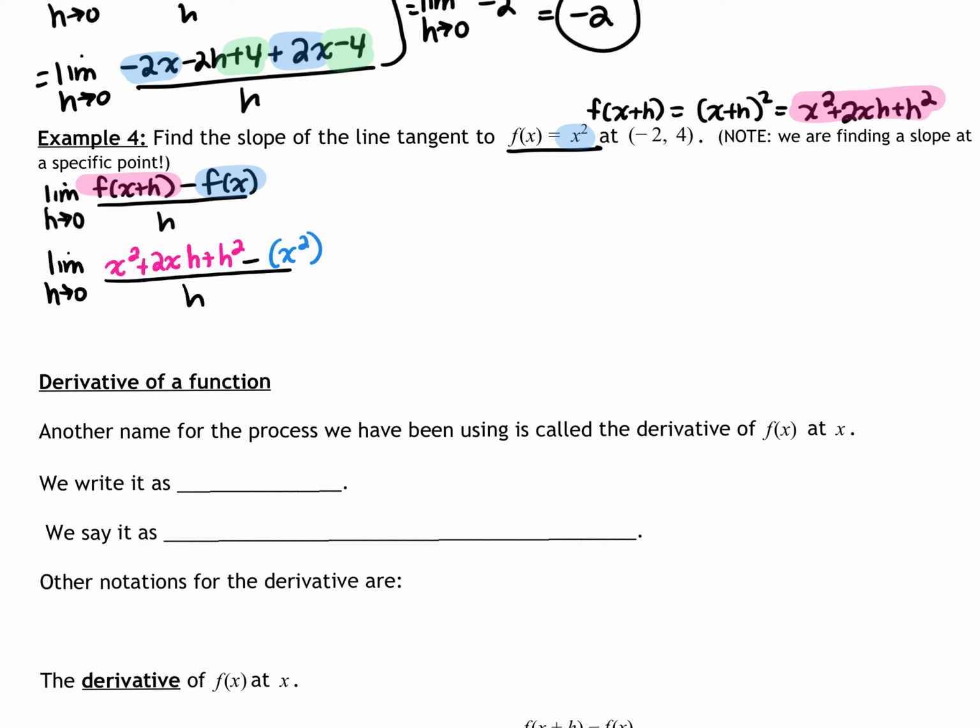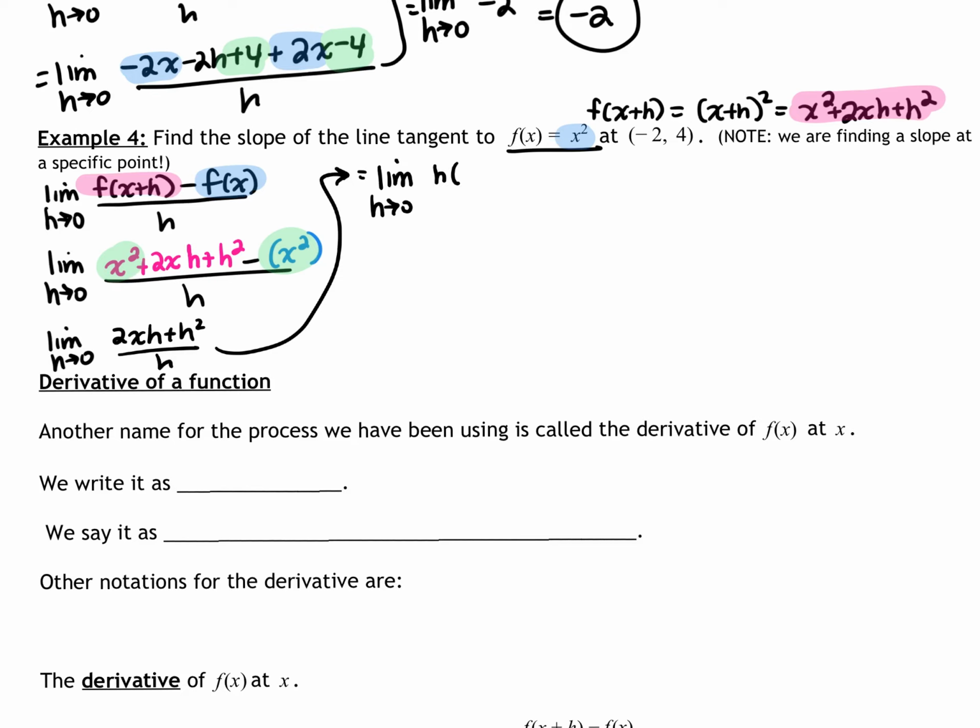And once again, I've just got to go through and simplify some stuff here. So I've got the limit as h approaches 0, and then what I see are x squared and minus x squared that are going to be 0 when you add them together, just leaving me with 2xh plus h squared all over h. Okay, so if you remember our process from last week, we always got to a point where we only had things that had h left in them.